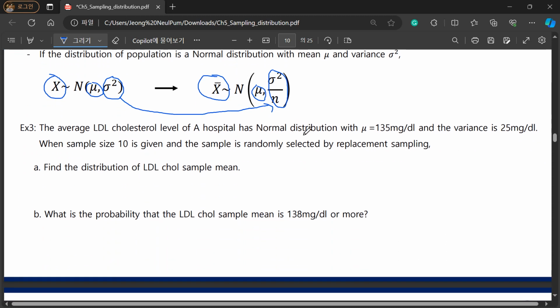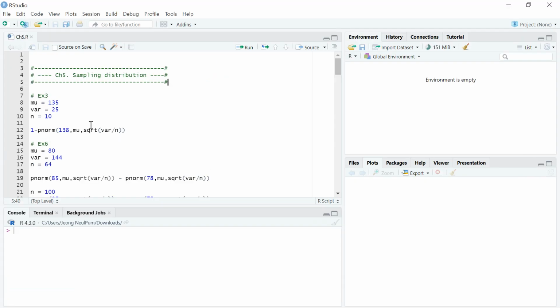So then you can see that it also asks us about the distribution of the sample mean, which is very easy. This part is for example number 3.